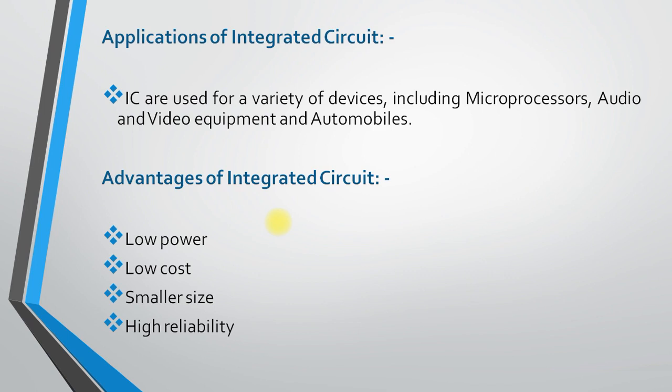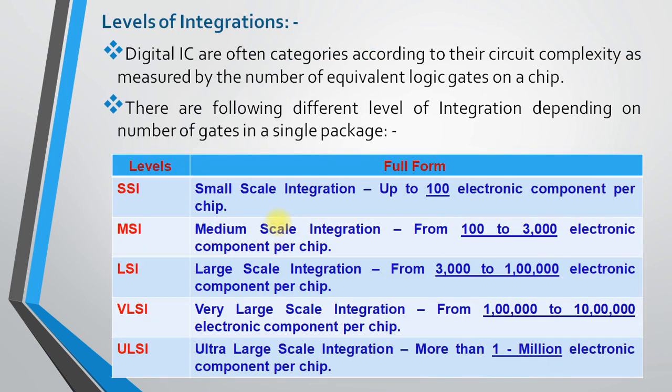There are lots of advantages provided by the integrated circuit, like its low power consumption, its low cost, it is smaller in size and it is highly reliable. You can select integrated circuit based on the level of integration and based on the technology.